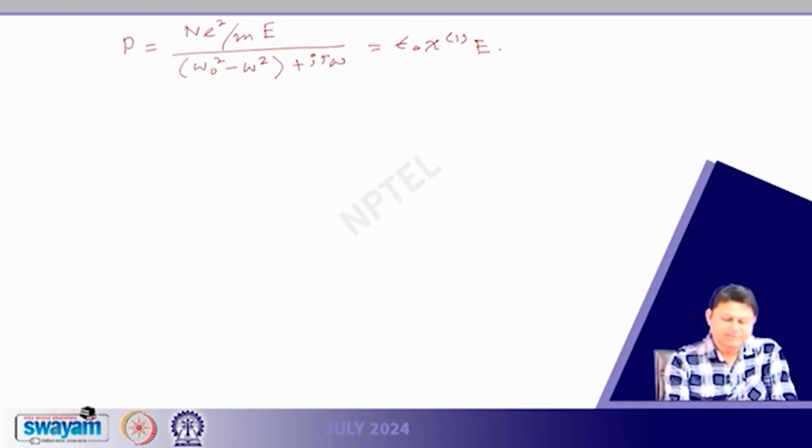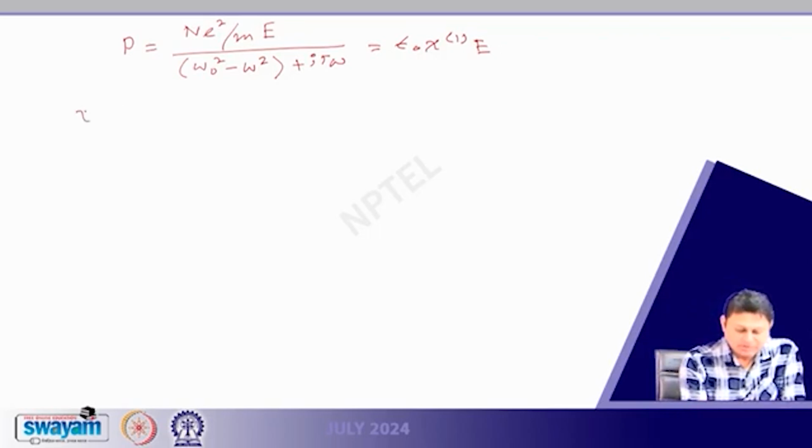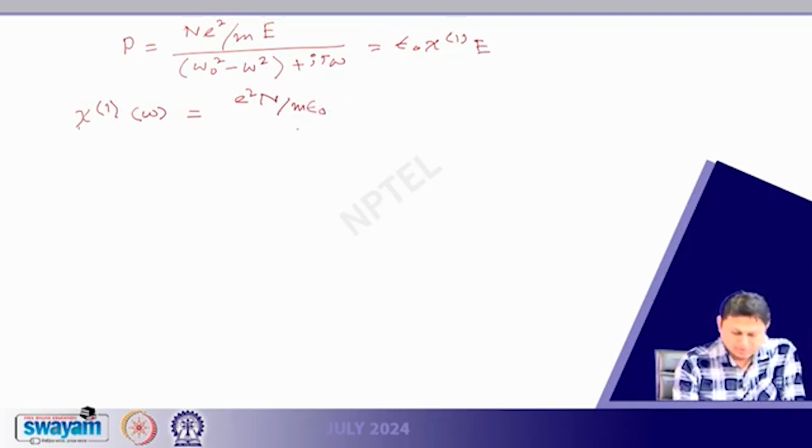Now, if I compare these two equations, then we can simply get the first order susceptibility, which is a function of frequency by the way, as e squared n divided by m epsilon naught, whole divided by omega0 squared minus omega squared plus i gamma omega.